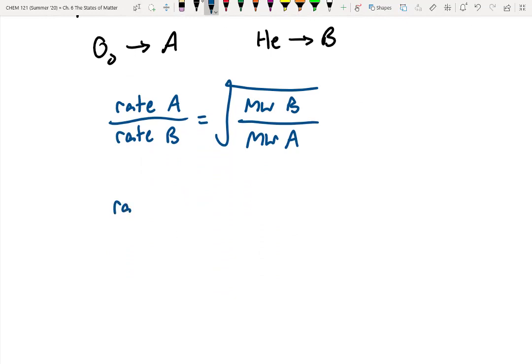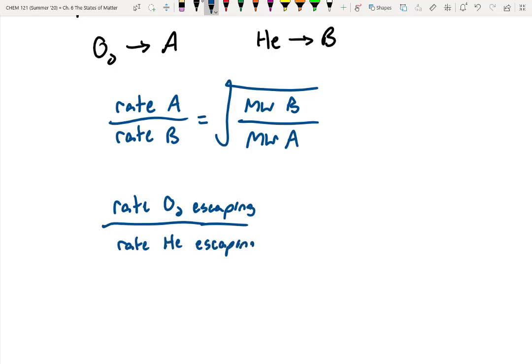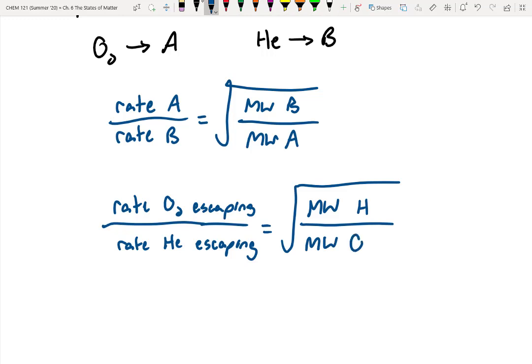I'll say that the rate of oxygen escaping over the rate of helium escaping is going to be equal to the molecular weight of oxygen. So we'll rewrite this using more plain terminology, oops, sorry, this should be helium, excuse me. And the molecular weight of oxygen should be down here.